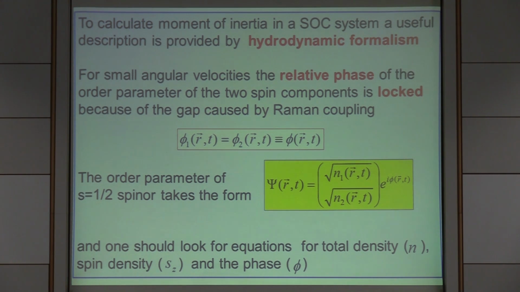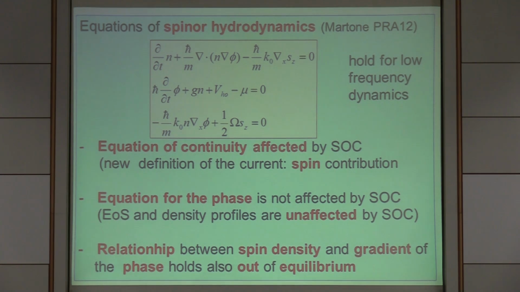But if one wants to investigate the propagation of elementary excitations at low excitation frequency, when I say low, I mean frequency much smaller than the Raman coupling, then one can set phi1 equal to phi2, and one can develop a theory where the quantities entering the equations are the total density, the spin density, and the total phase of the system. The equations of hydrodynamics take this form.